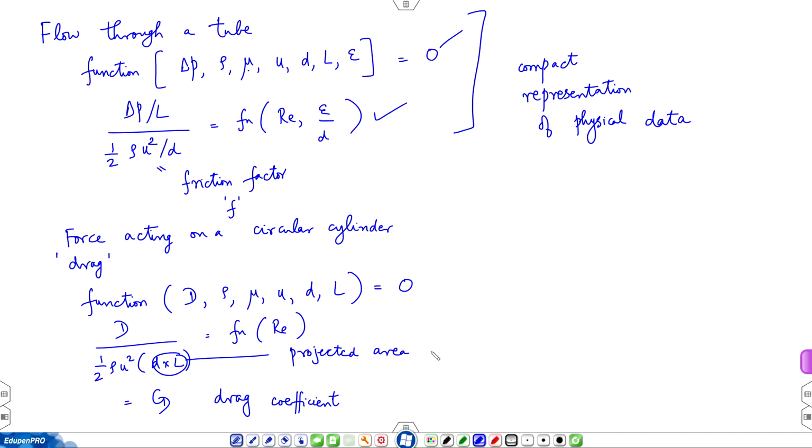That means that handbook data does not hold only for real circular cylinders, but a whole family of objects that look like a circular cylinder, for example, square cross section, can also be analyzed with this functionality by replacing the quantity d times L by the projected area. Anyway, we have not looked at examples of that type, but it is there in the book.